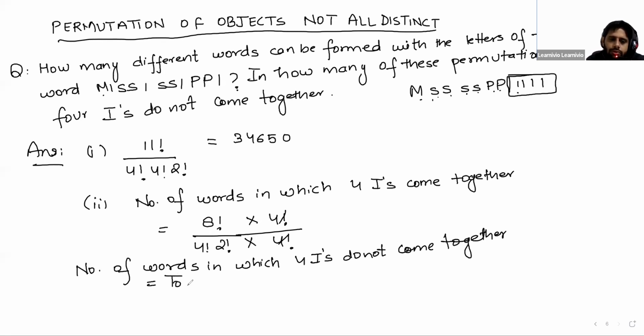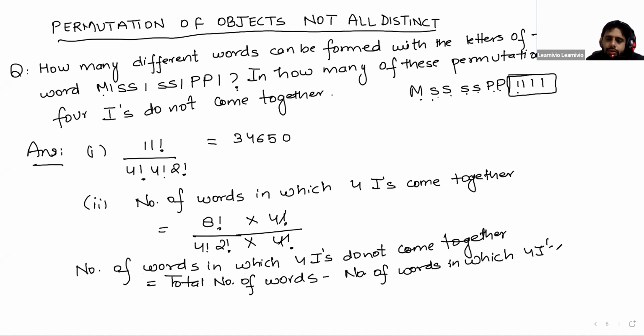Total number of words minus the number of words in which four I's come together. So this will give you 34650 minus 8 factorial by 4 factorial 2 factorial. Okay, you can do the calculation.